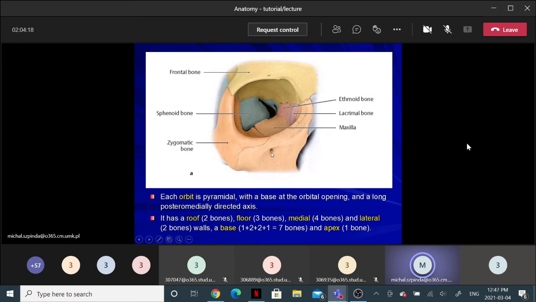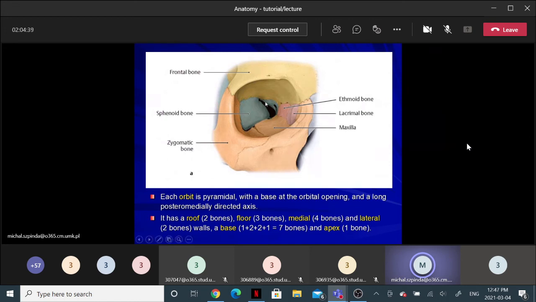The infraorbital foramen communicates the orbit with the norma frontalis. Apart from this, some foramina are just between neighboring walls.